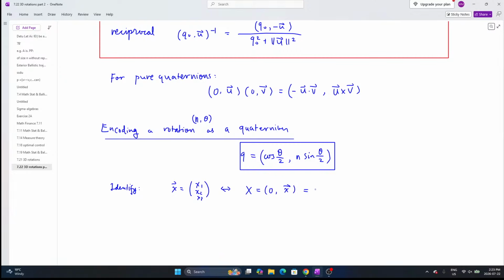Which is basically saying 0 plus x1 i plus x2 j plus x3 k.